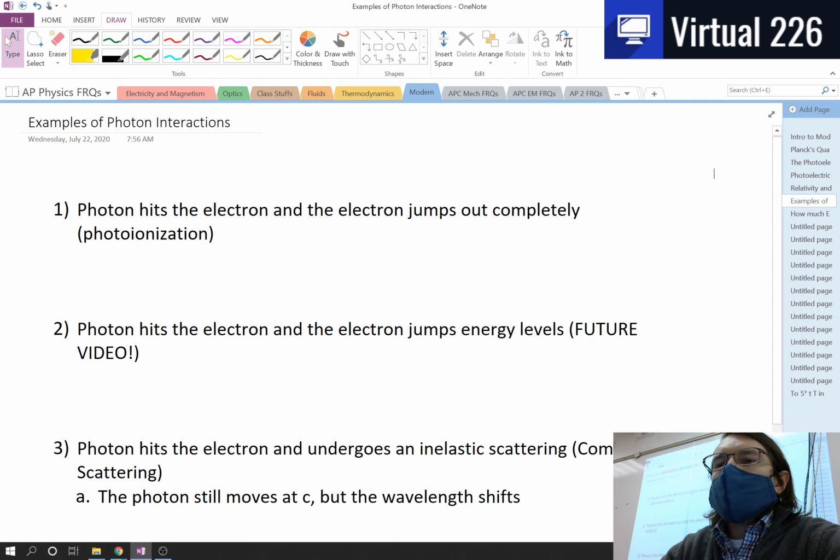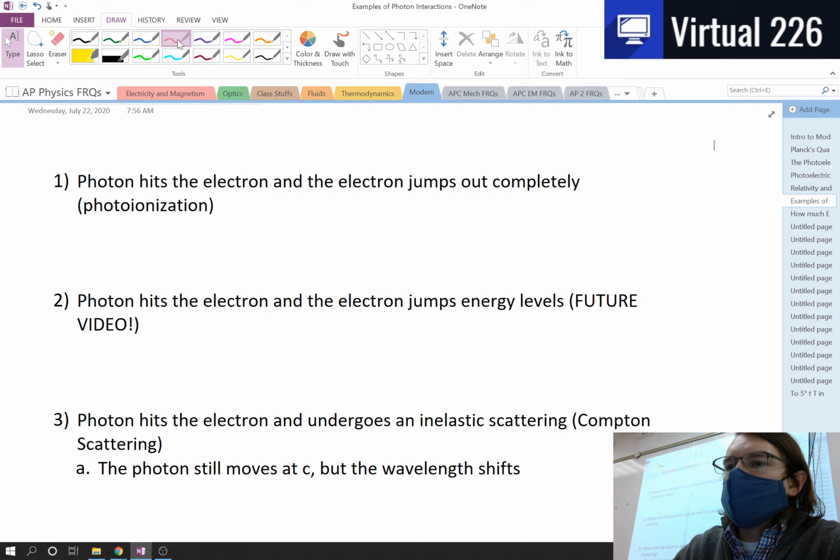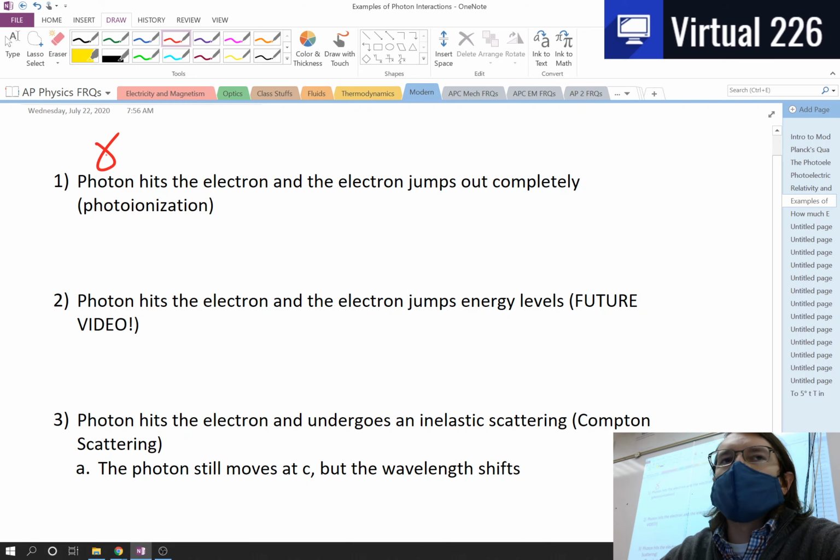So when we have photons interacting with electrons for our photoelectric effect and our salt plates, we can actually get a number of different interactions to occur. The first interaction we can have is that a photon, which we'll use the gamma symbol for that.